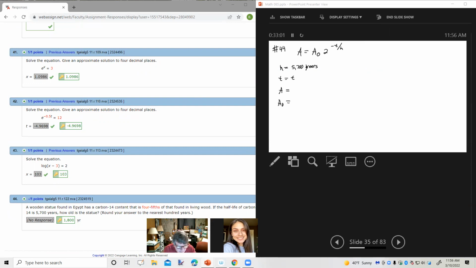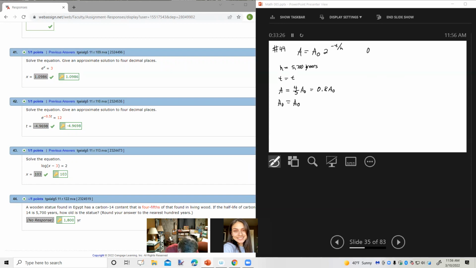It has 4/5 of what it had as in living wood. So living wood would be that. The end would be 4/5 of that, or 0.8 A sub 0, 80%. So it has 4/5, okay?